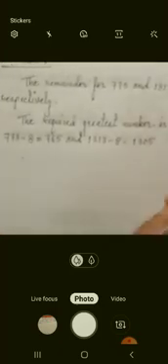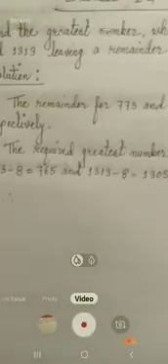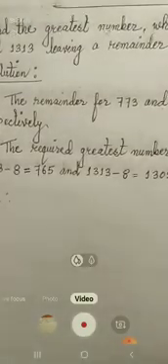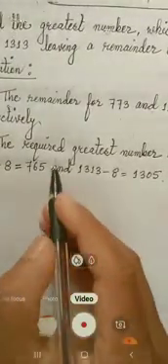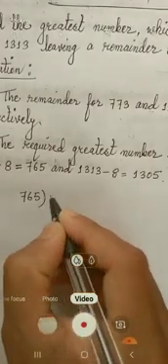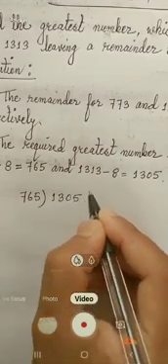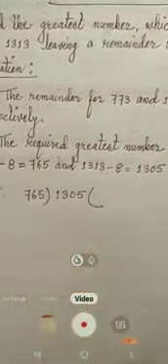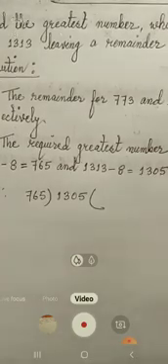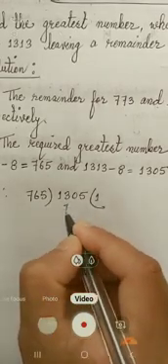So we divide the greater one by the smaller one: 765 into 1305. One time 765 is 765 only.